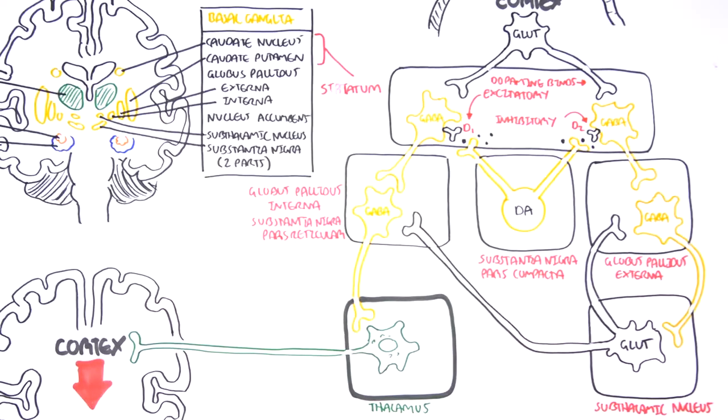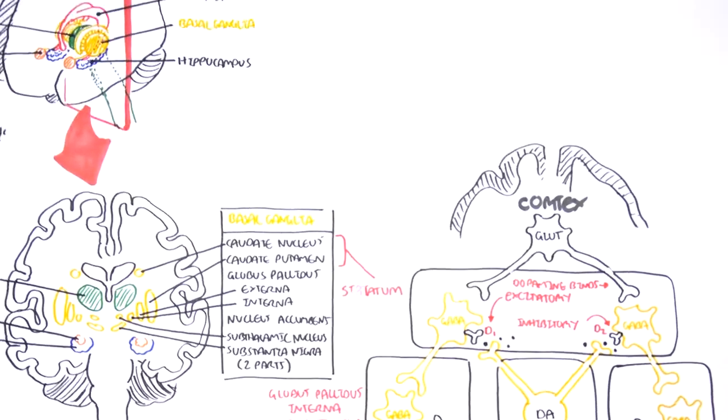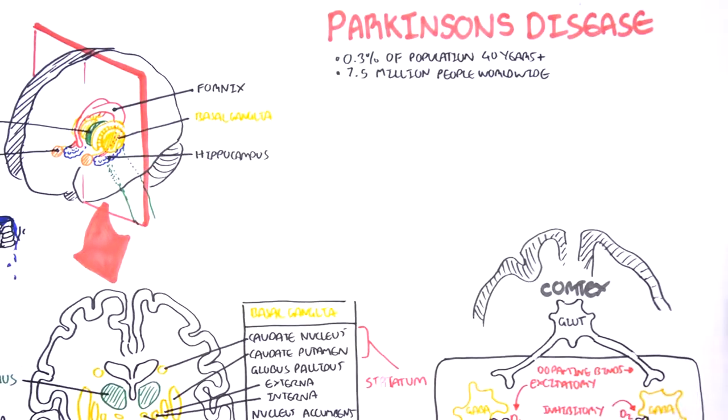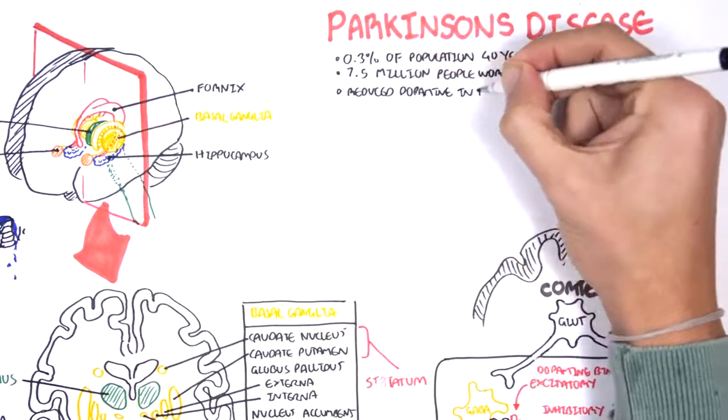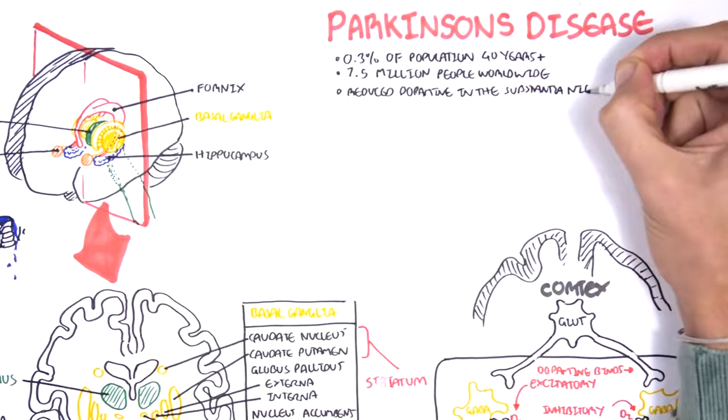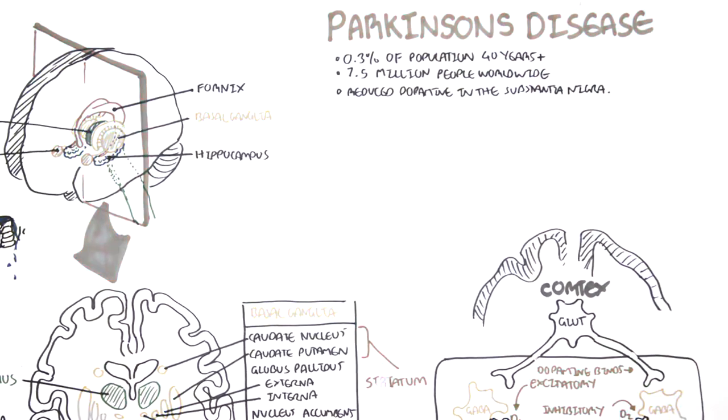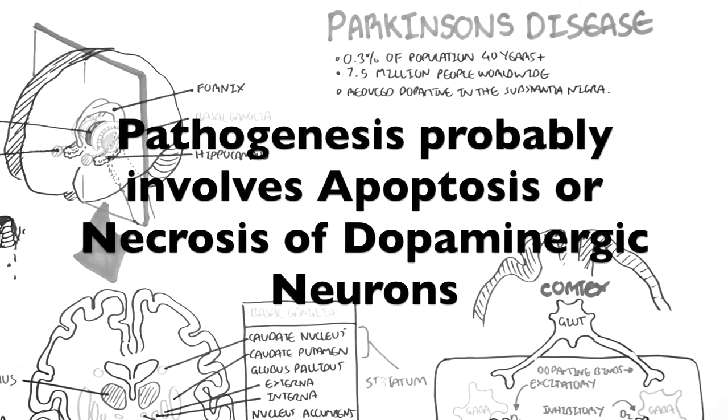So that is what occurs normally, but unfortunately in Parkinson's disease there's not much dopamine. The dopaminergic neurons die. So in Parkinson's disease you have a reduced dopamine in the substantia nigra. And the pathogenesis probably involves apoptosis or necrosis of dopaminergic neurons.